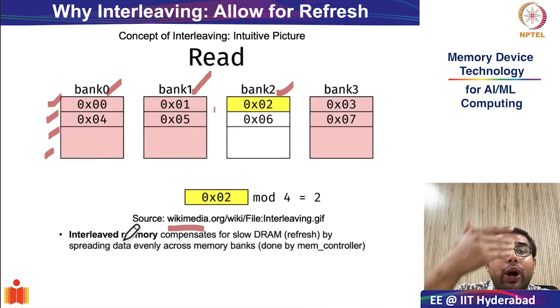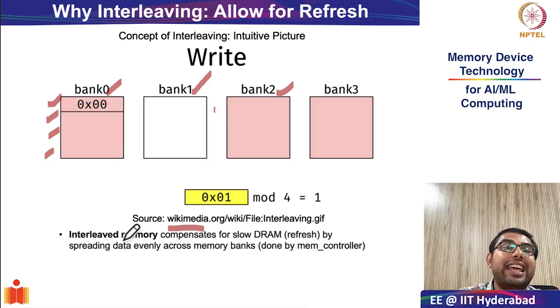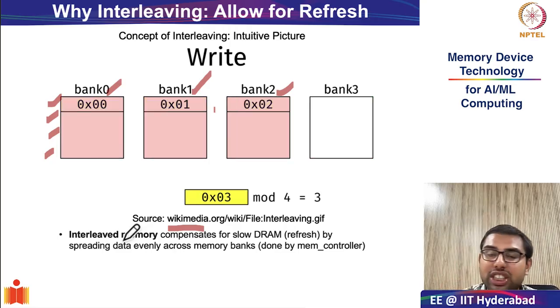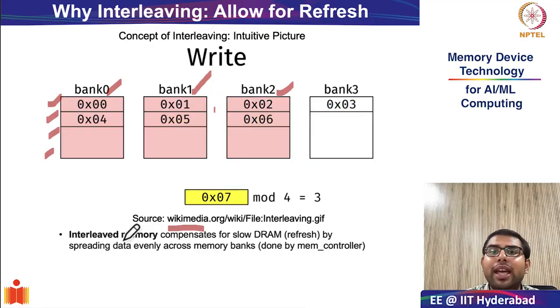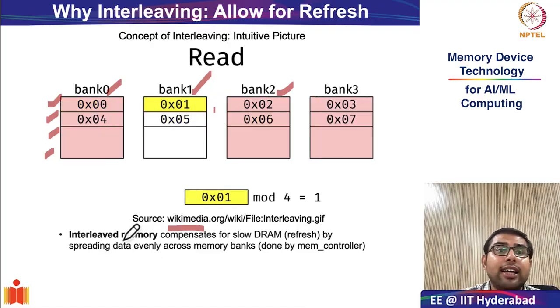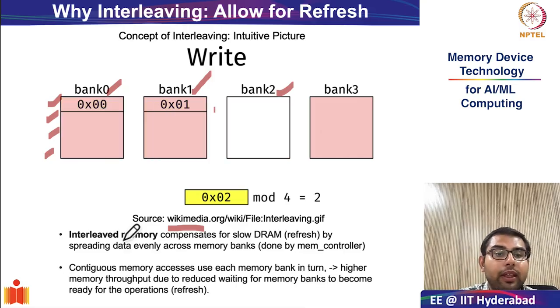Just imagine if you had stored data sequentially, the amount of time that it would have taken for you to recover the data would be much larger. This is because after each read and write, or maybe a bunch of reads and writes, you would have to wait for the bank values to get refreshed. Okay, this is the key concept of interleaving.